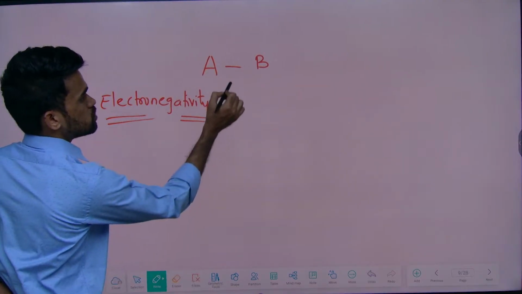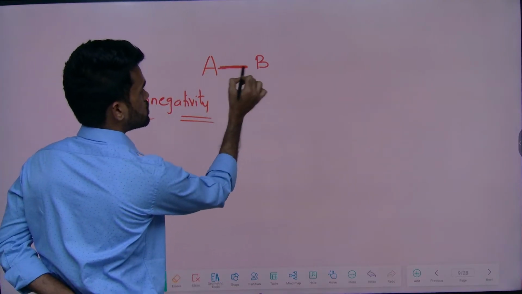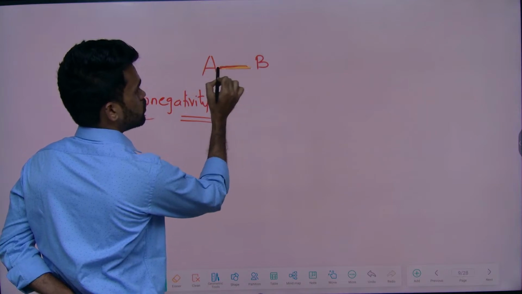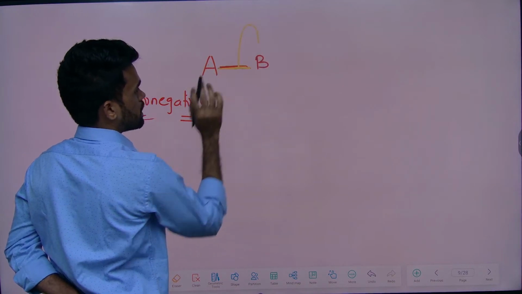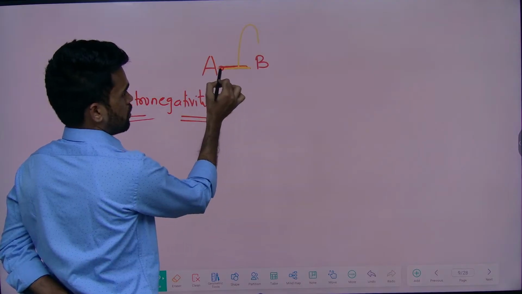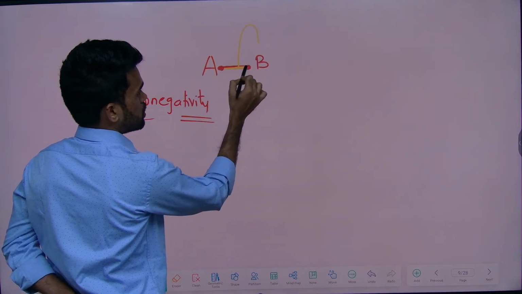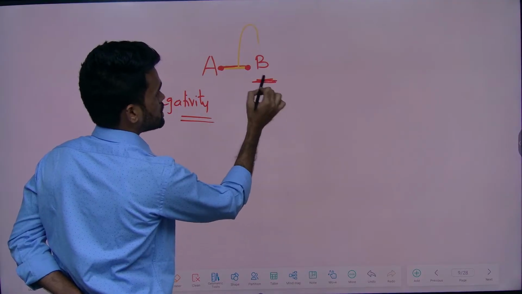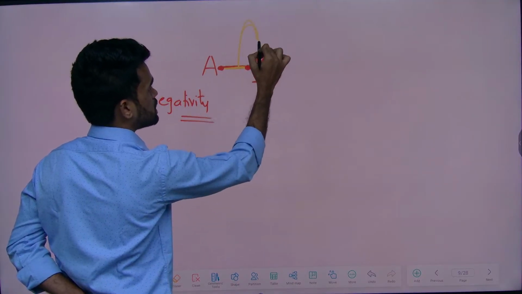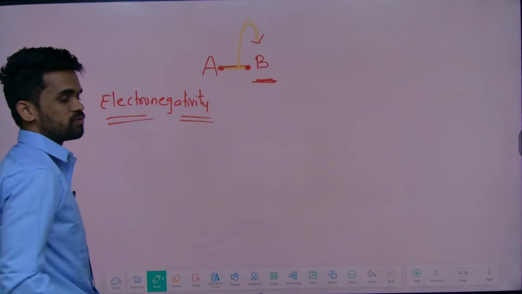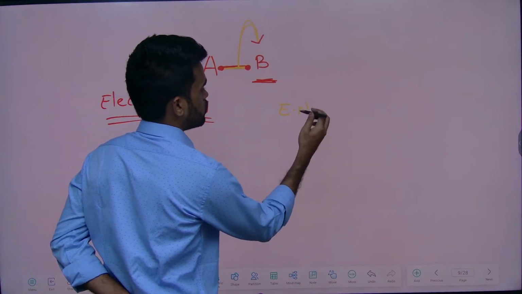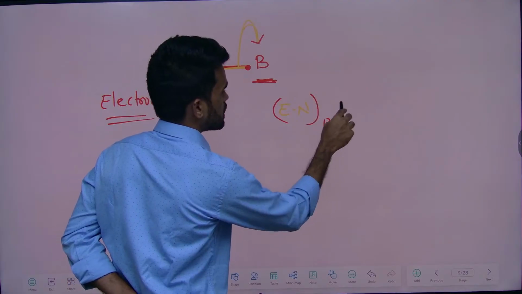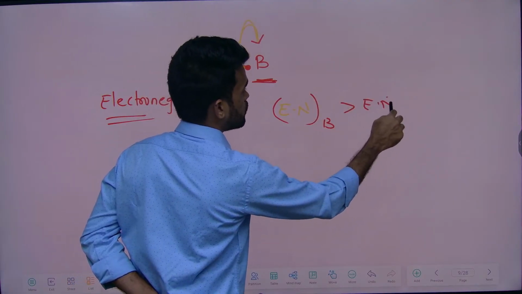The tendency to attract the bonded electrons towards one of the bonded atoms. Let us say this bond contains two electrons now. Now let us say element B is having more tendency to drag these bonded electrons towards itself. Therefore, I can say electronegativity of B is greater than electronegativity of A.